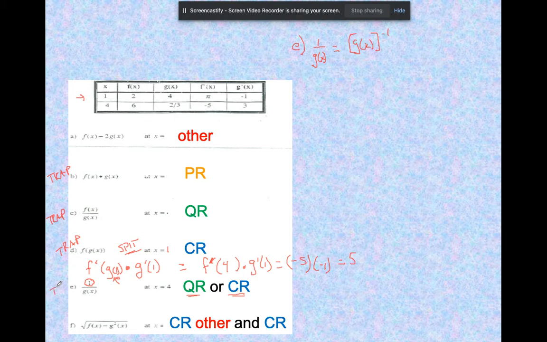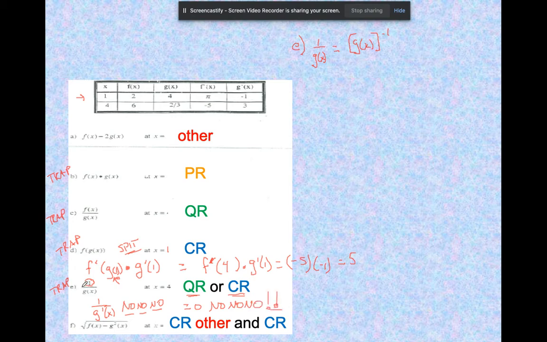The trap in this one is once again to say, oh, this is just 1 over the derivative of g prime. That's one trap. No, no, no. The other trap is to say, oh, I just take a ratio of the derivative of the numerator to the denominator, and the derivative of the numerator is 0 to say this whole thing is 0. Oh my gosh, stop.